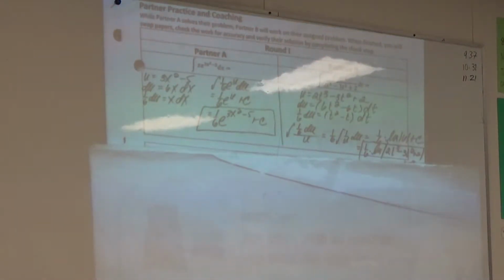How did you set up the dx? Once you have... No, we're not there yet. Right, you're replacing the t squared minus t with this 1/6 du dt. That's the whole idea with substitution. We want to get all the original variable out, put the new variable in.